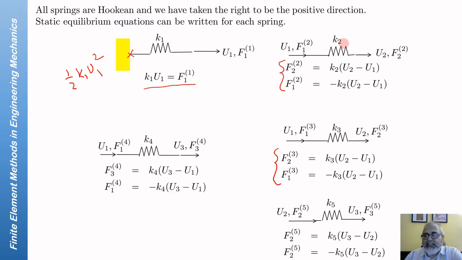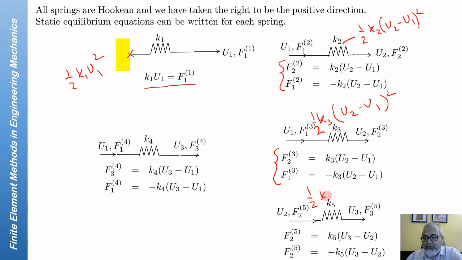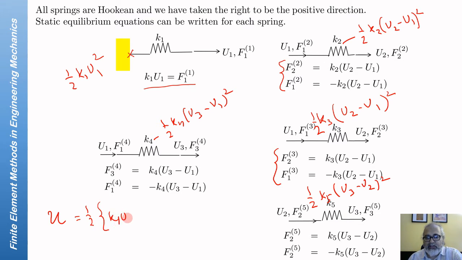The energy stored in this spring is half k2 times its stretch, u1 minus u2, squared. Similarly, this is half k3 (u2 minus u1) squared, this is half k5 (u3 minus u2) squared, and this is half k4 (u3 minus u1) squared. So the total strain energy stored is the sum of these quantities.